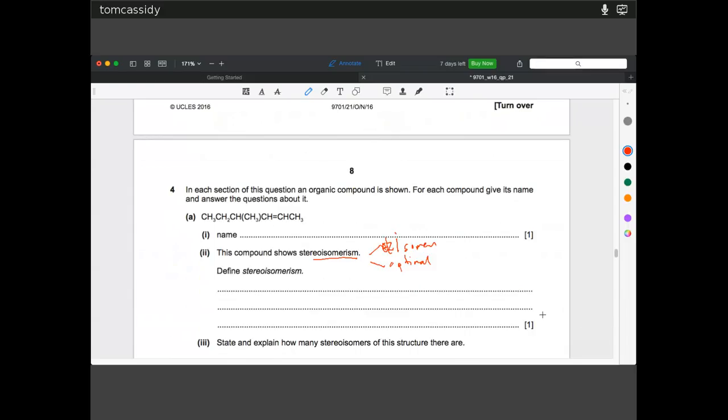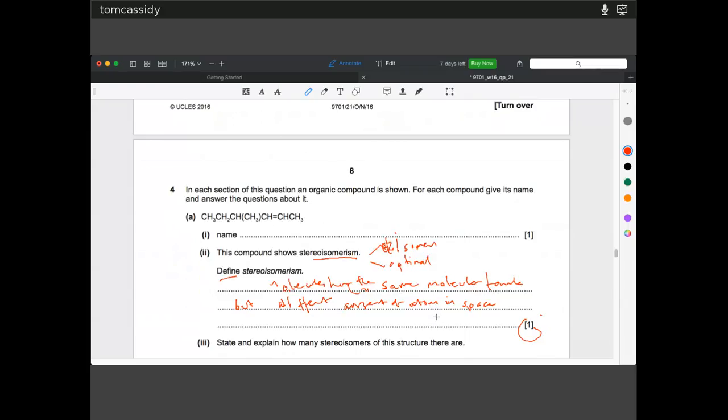So you're looking for a definition there of stereoisomerism, and you're going to say stereoisomerism is when molecules have the same molecular formula, but, and this is where the isomers come in, different arrangements of atoms in space, or you could say different spatial arrangements of atoms and groups.